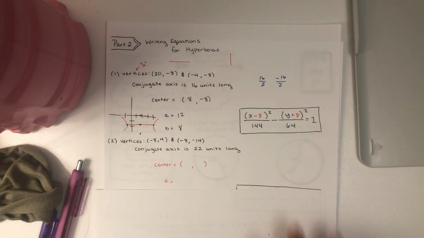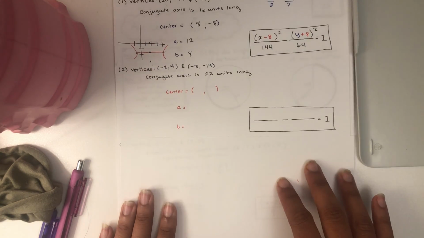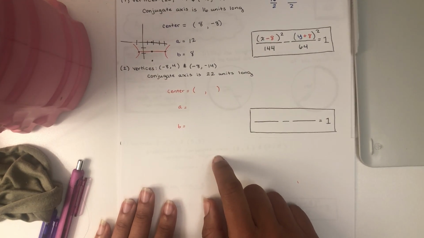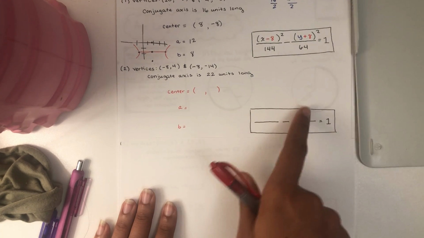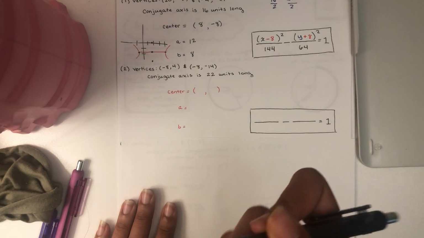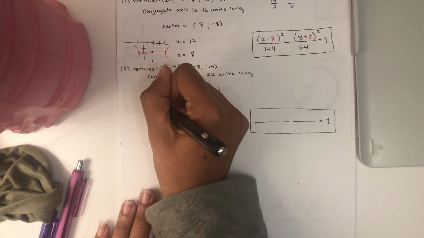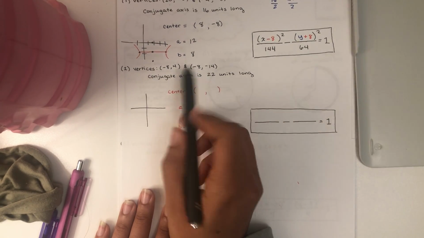All right. The next one looks exactly the same, just a little bit different. So you always have to figure out what your center, your A, and your B are, because that's how you plug in this information. There are other things you need to figure out first, but again, I like to draw a little bit of a rough draft. So -8, +4.